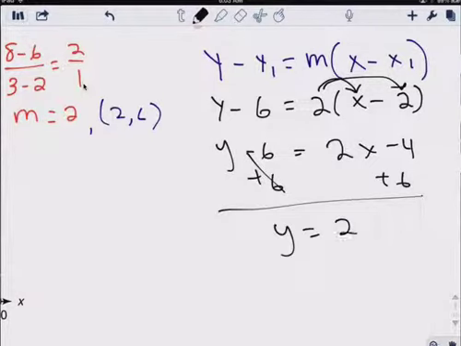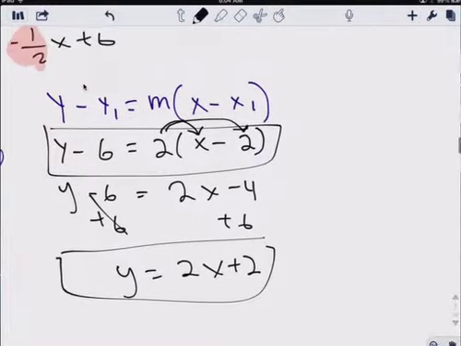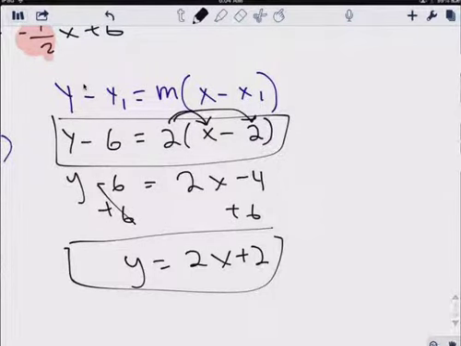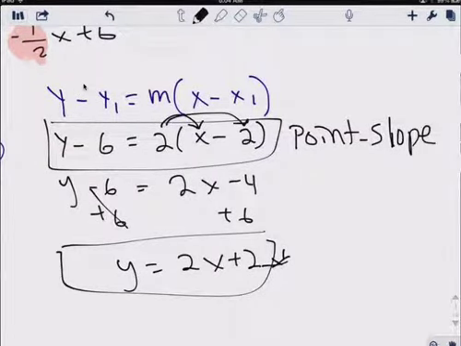Y equals 2x plus 2. Okay. Slope intercept, point slope. On a test, just box both and name them, to be safe, because some of you like to box this only, and sometimes it asks you for point slope.